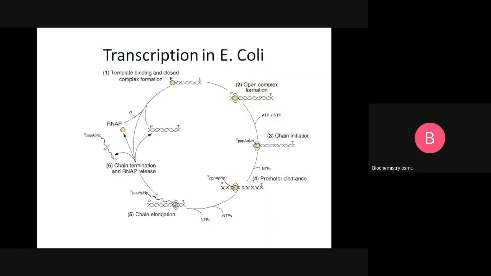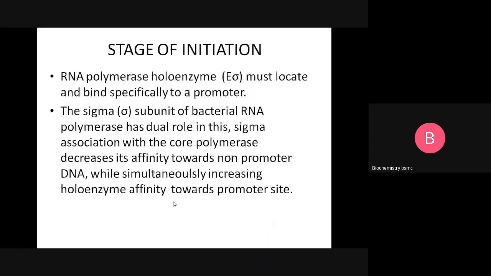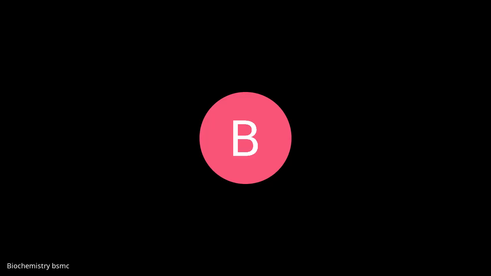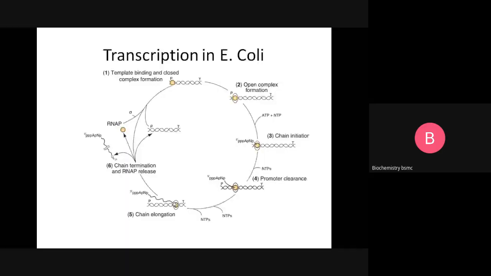Next, we go to the discussion of the stages of transcription. So in E. coli bacteria, the important enzyme is the RNA polymerase, and this RNA polymerase is a large enzyme having, as we have discussed, 2 alpha subunits, one beta and another beta prime, and another is the omega subunit.